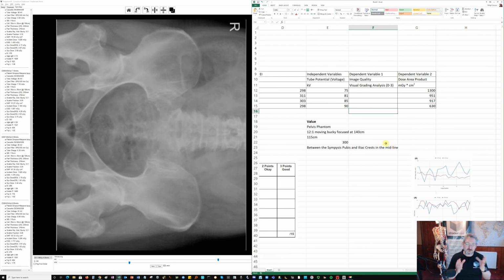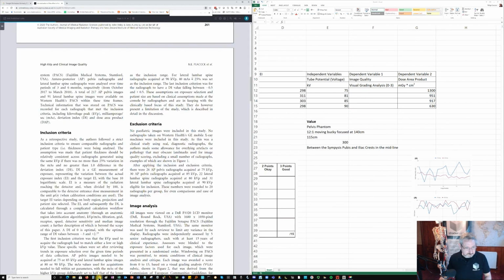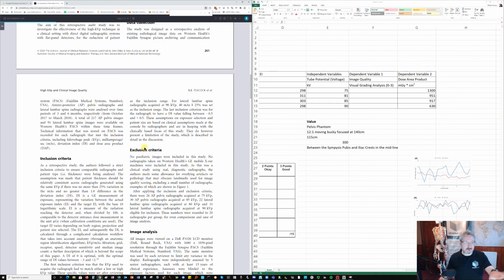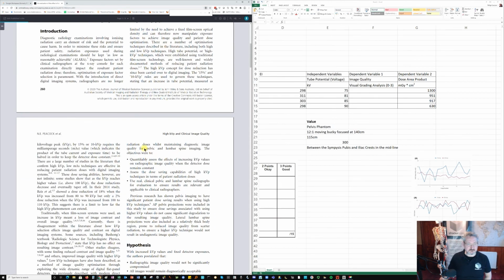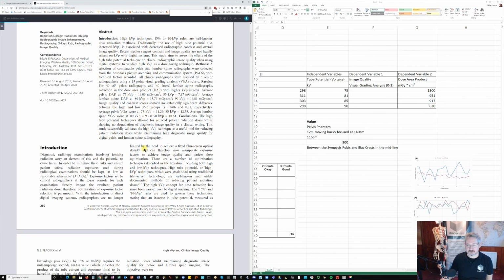You can see how you can use virtual radiography to deconstruct a recent research paper. Nice paper there by Peacock et al., published this year. We've been able to recreate that paper to some extent using virtual radiography for a learning moment for our students.